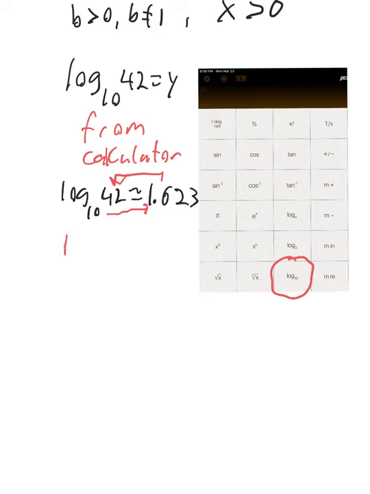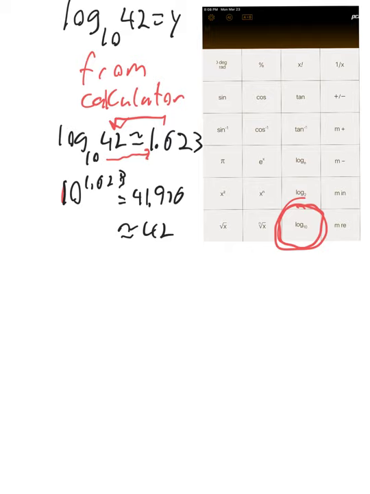Okay. So, yes, 10 to the 1.623, I'm getting 41.976. That's approximately 42. Okay. So that log base 10 button, that there, you can use that for any logs base 10.